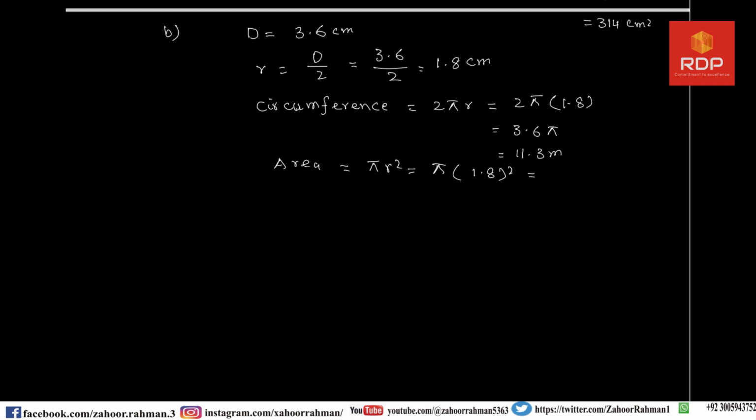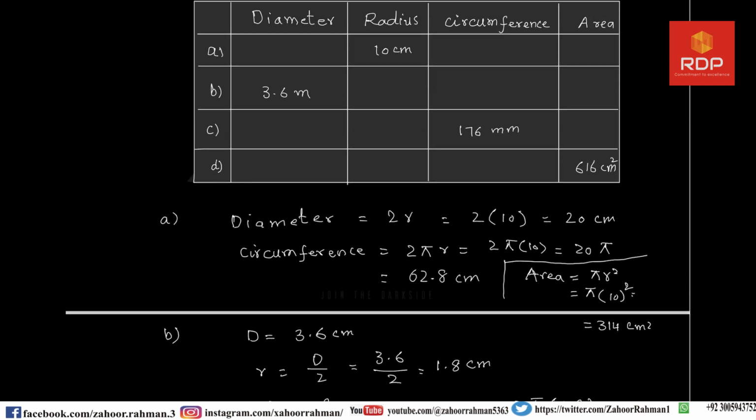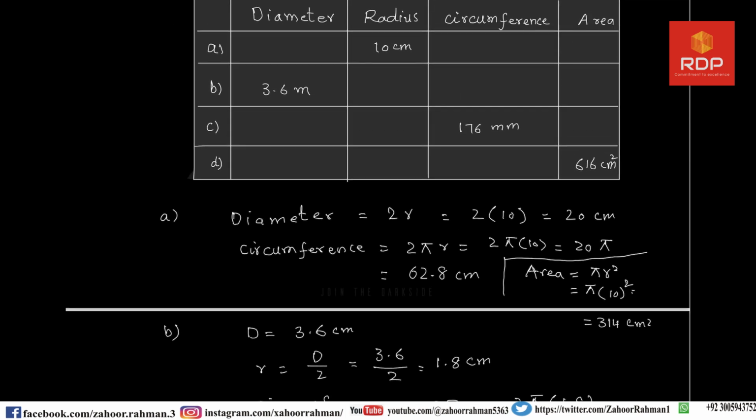When we calculate this, we will get 3.24 pi, and at the end we will get the answer, and that is 10.2 meter square.